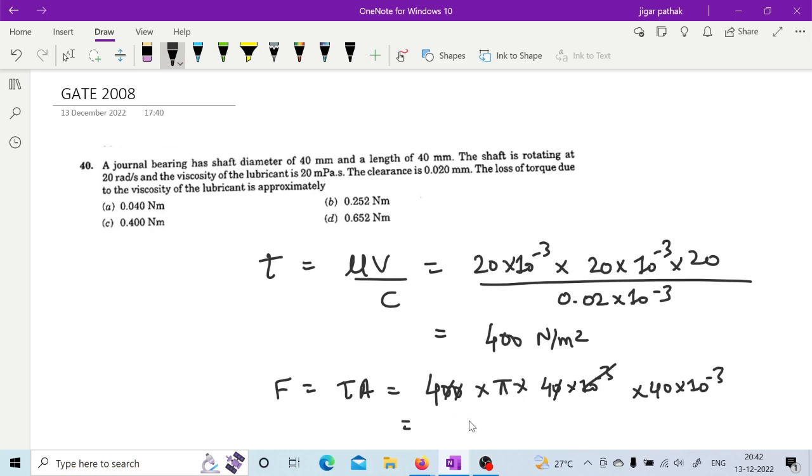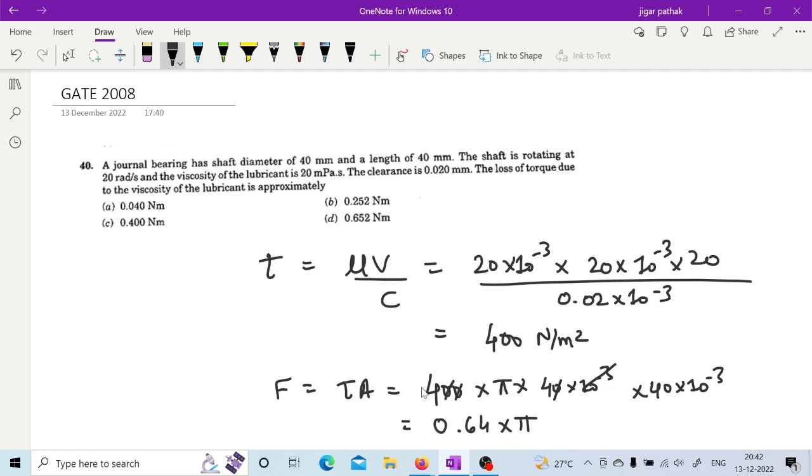Okay, so 4 into 4 into 4, that is 64, right? So 640 into 10 raised to minus 3 is 0.64 into pi, that will be the force.